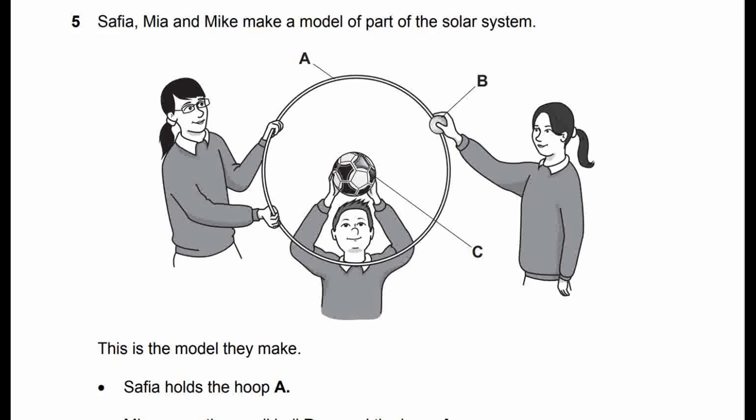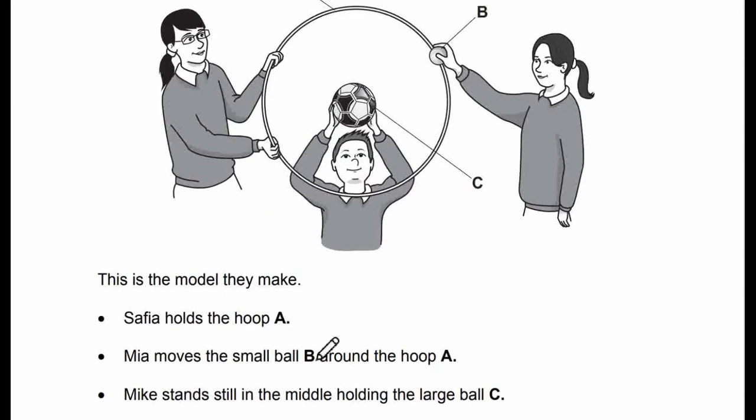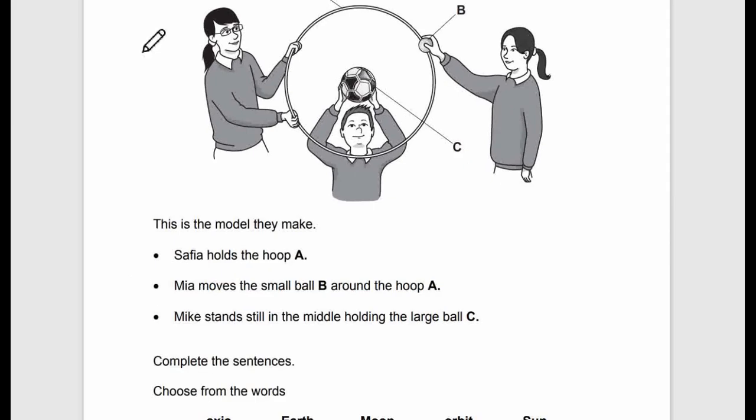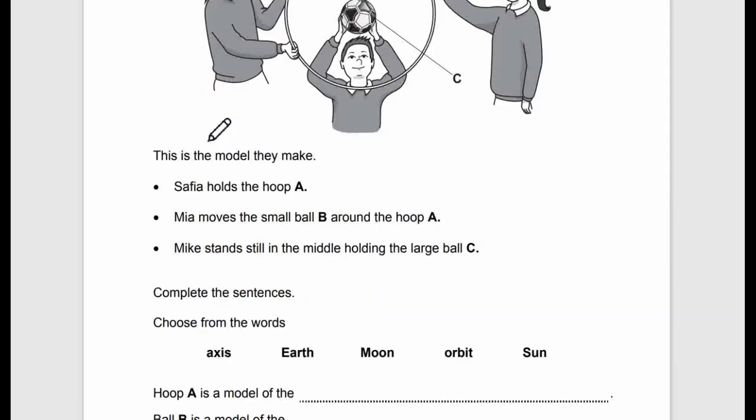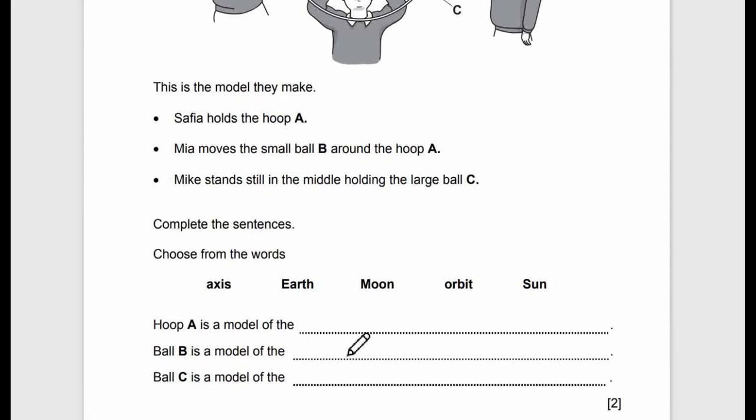Sophia, Mia, and Mike make a model of part of the solar system. This is the model they make. Sophia holds hoop A, and Mia holds a small ball around hoop A. Mike stands still in the middle, holding the large ball C. Complete the sentences. Choose from the words axis, Earth, Moon, orbit, Sun.